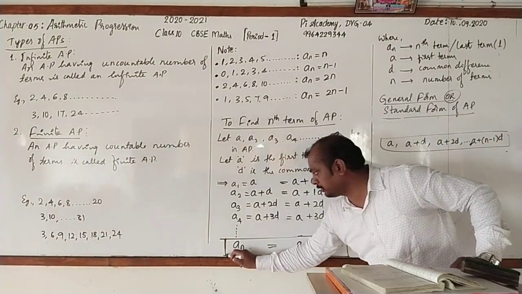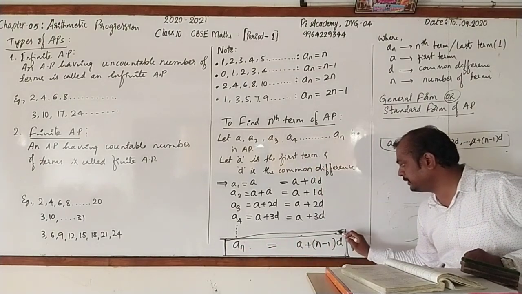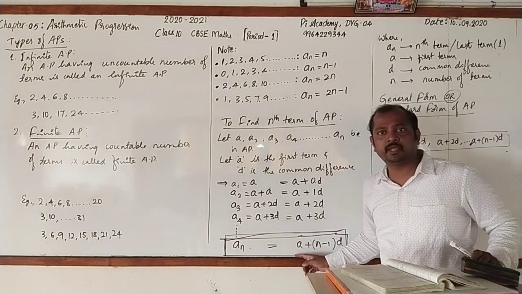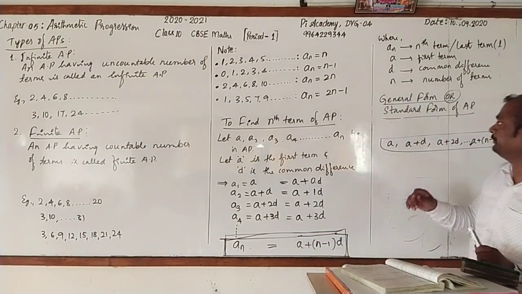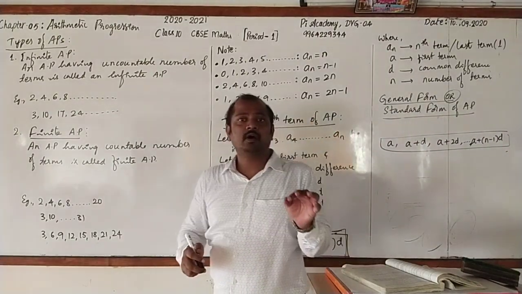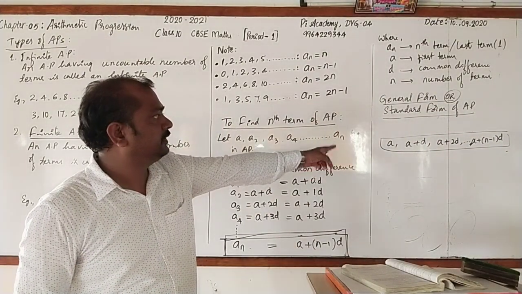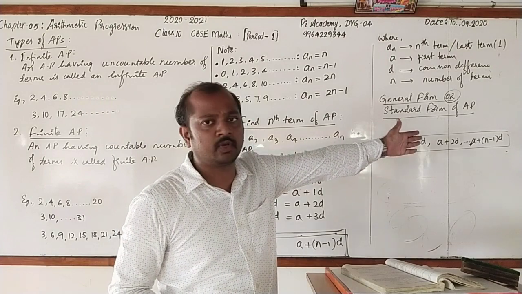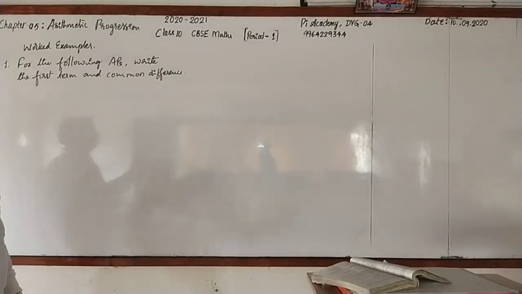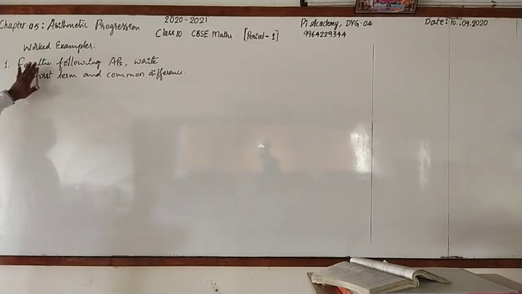Whatever we have written in the box must be learned: An equals A plus of N minus 1 into D. And after that, write the general form or standard form of AP: A plus D, A plus 2D and so on, A plus of N minus 1 into D. Copy that. Dear students, just go for copying this.